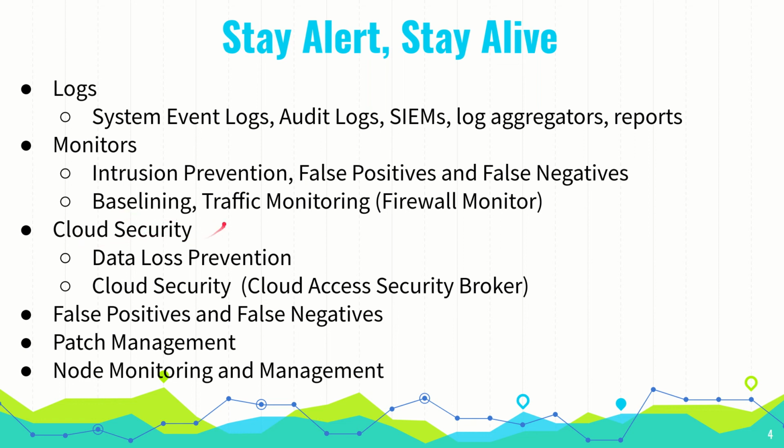Traffic monitoring kind of goes into that, but we can also dip into it at some point to just look at the traffic. Part of that is firewall monitoring. Apparently I can't say I've ever done it.